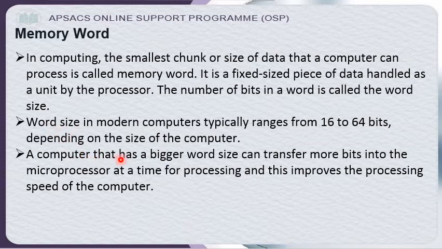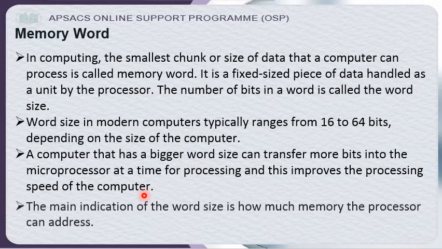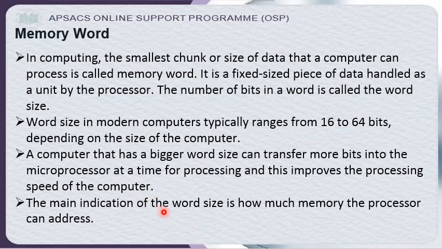A computer that has a larger word size can transfer more bits into the microprocessor at the time of processing, and that improves the processing speed of the computer. So the bigger your word size is, the faster your computer processing speed will be. The main indication of word size is how much memory the processor can address.